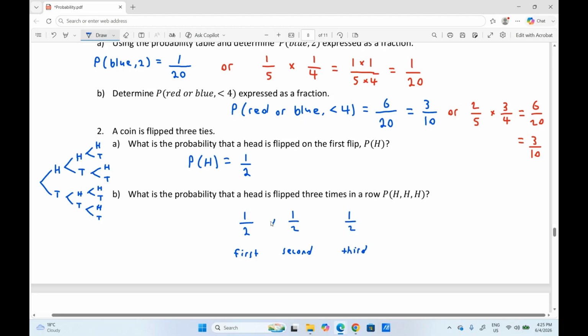So now you just times these together. And we know that if I multiply these together, I just multiply the top numbers and the bottom numbers together. So now 1 times 1 times 1 is just 1, and 2 times 2 times 2 is going to be 8. So the probability that I have of flipping a coin 3 times and landing on heads 3 times exactly would be 1/8.